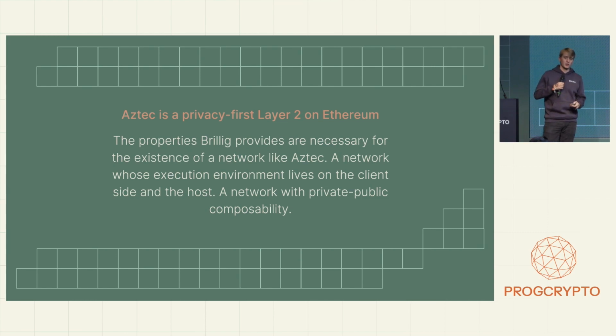And you can't do that with just Noir on its own. You need to have Noir that can compile to ACIR and can compile to a different IR, such as Brillig, which you can prove an execution trace over.